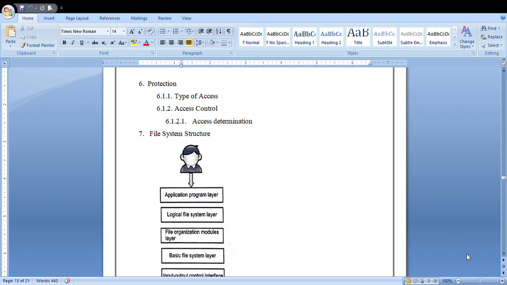Whenever the process attempts to access a particular file, the user identification will be compared with the file's UID. If it is matched, it will provide permission to access that file. Otherwise, it will be accessed with the combination of the ACL mask.